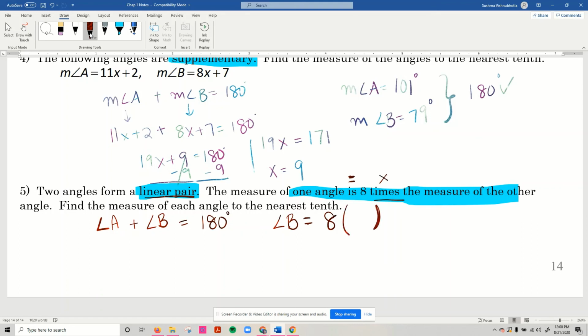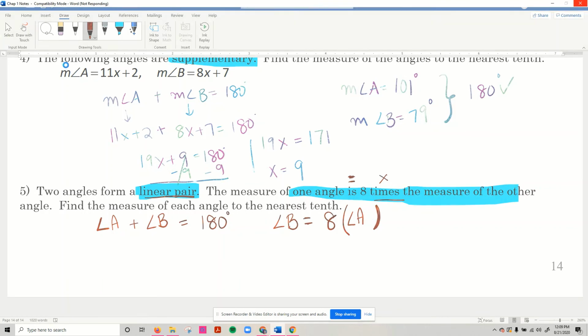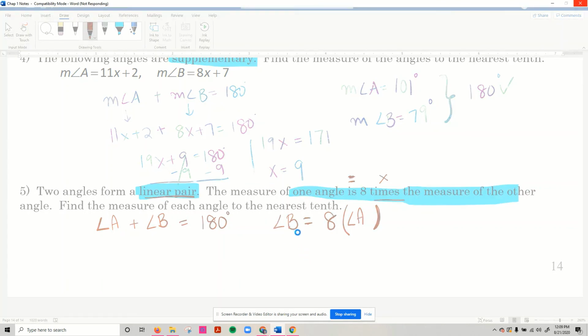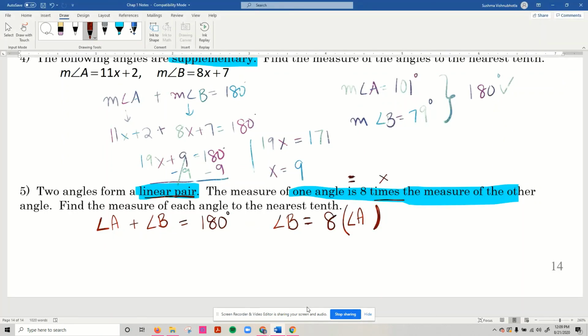And the other angle here is angle A. So I can say A plus B equals 180, but angle B is also equal to 8 times A. Okay, so some of you already know where I'm going with this. Oh no, my doc, okay, thank God. I thought it froze.